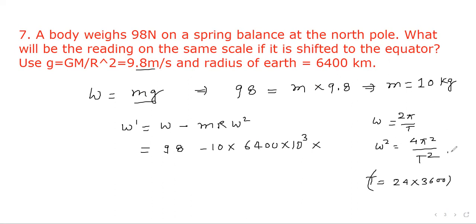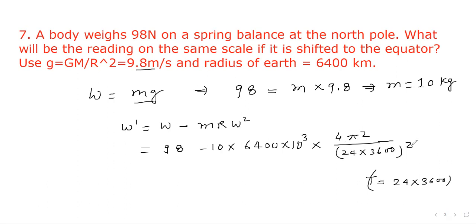So we put this value here: 4 pi square divided by (24 into 3600) square.